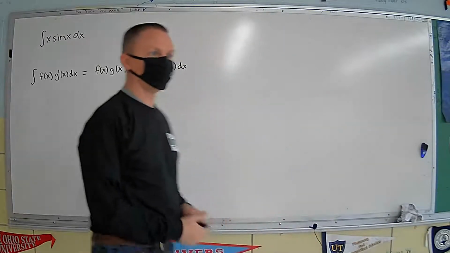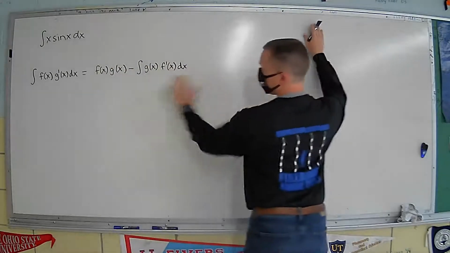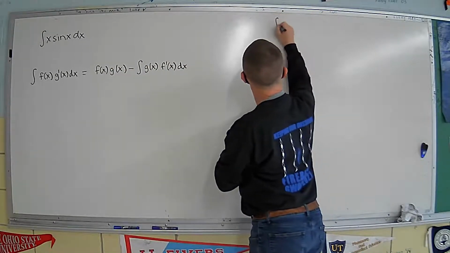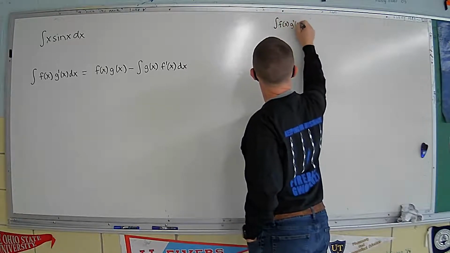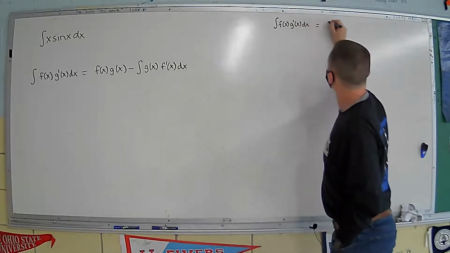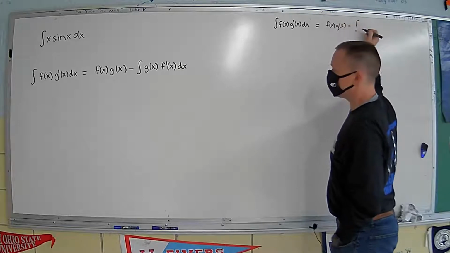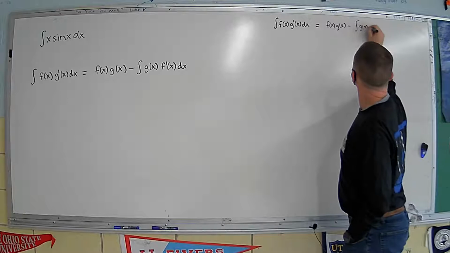So, perfect. I'm going to rewrite this up here just so we have some room. So we're going to write the integral of f of x times g prime of x dx equals f of x times g of x minus the integral of g of x.